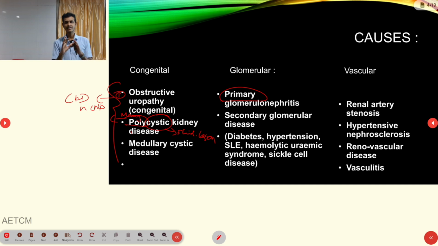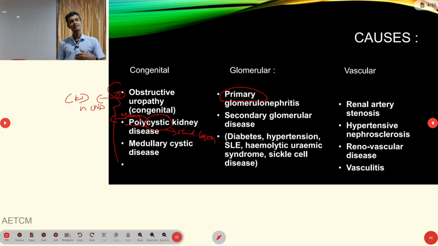There is no indirect mechanism; whatever toxins or other things attack the glomeruli directly. Secondary means because of some disease like diabetes, hypertension, systemic lupus erythematosus, the disease complication affects the glomeruli, thereby leading to secondary glomerular nephritis.